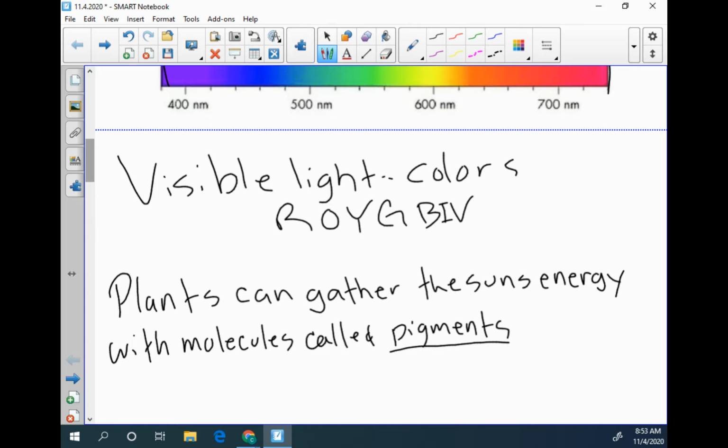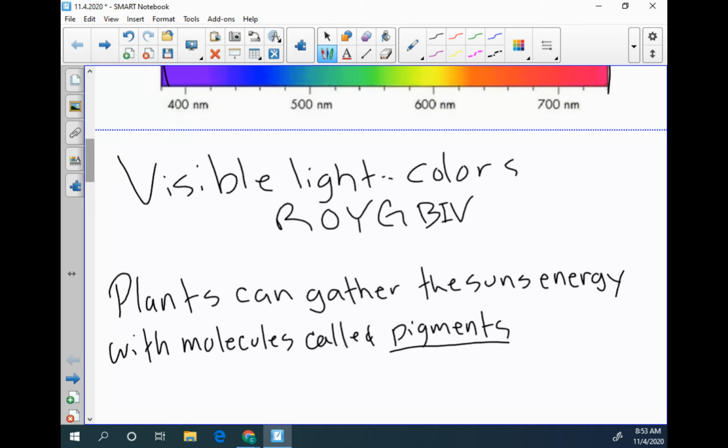Paint is a really big thing when people talk about whether or not something is pigmented. Eyeshadow is too. Those pigments are actually just molecules that are really, really good at either catching or absorbing or reflecting light.